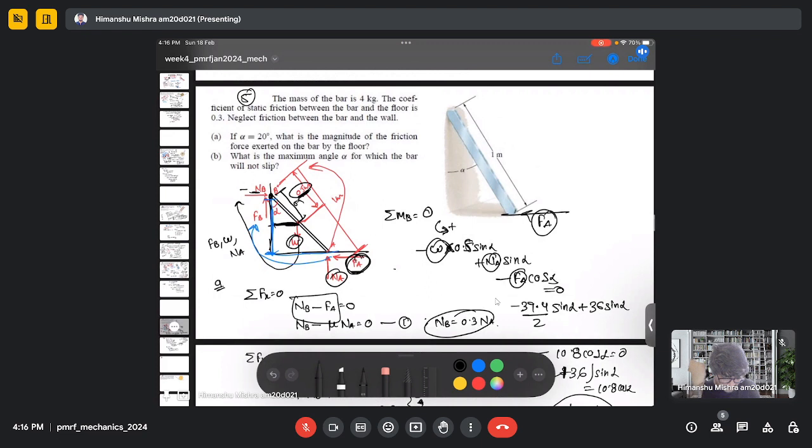And to calculate the friction force, we just do the summation of forces in the horizontal as well as the vertical direction, and that will give us the friction force. To calculate alpha, we do the moment balance and solve for the unknown alpha, which is around 31.